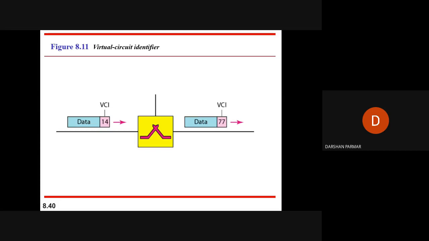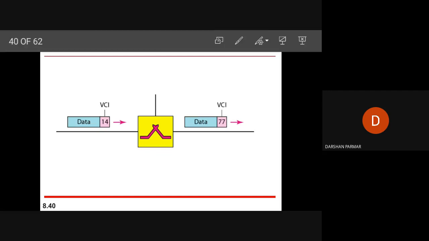In this way, these two types of addressing are attached. This will always be unique between two switches. Whenever it crosses the switches, the number is going to be changed. It will be defined by the switch, normally defined in the port. Which port you are going to transmit the data through will define your VCI number.